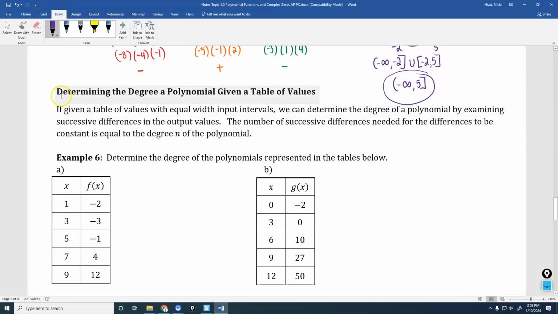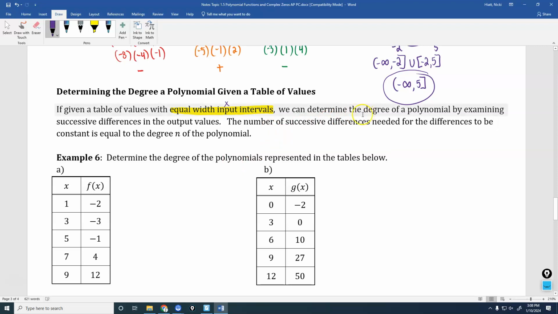So determining the degree of a polynomial given a table. So if given a table of values with equal width input intervals. So we were talking about this the other day. Equal width input intervals. Remember, your input is your x most of the time. We're talking about the x is going up by an equal number.